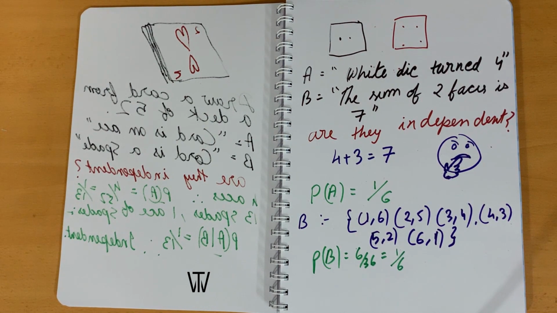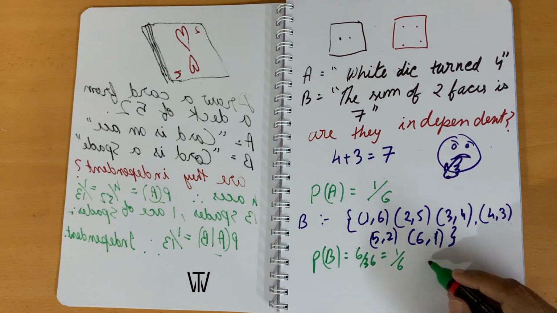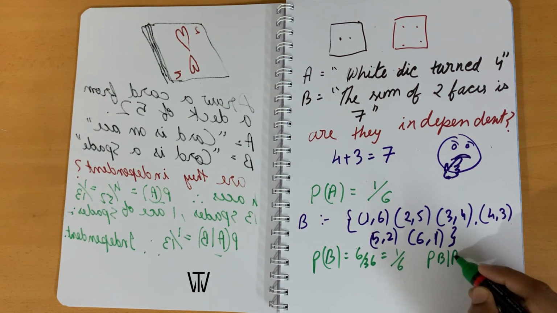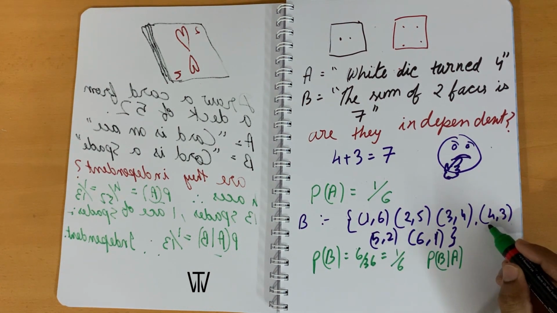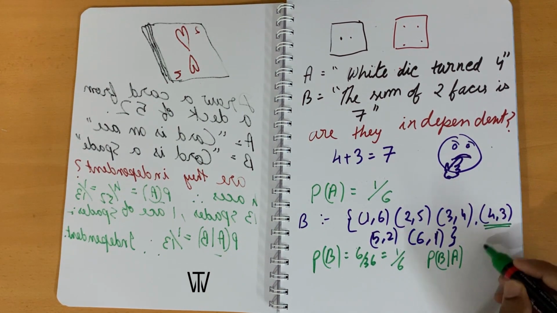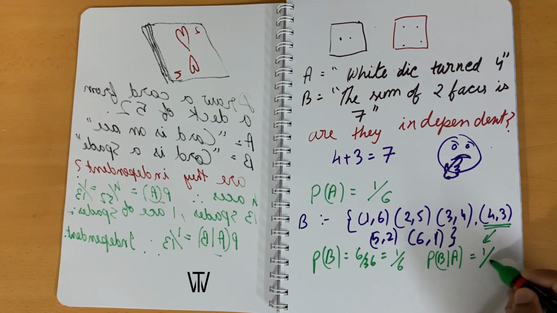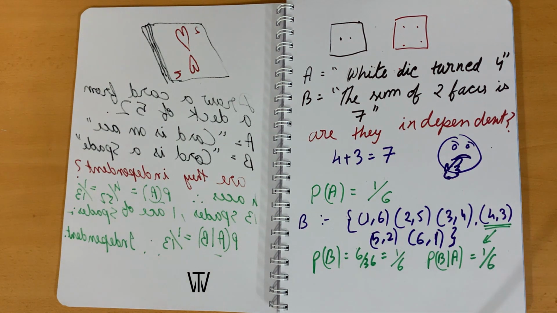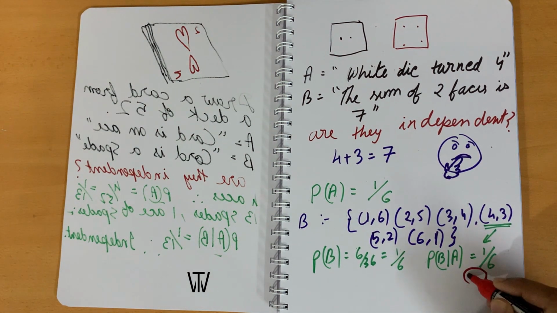What is P of B given A? We can see there is only one case where the white die turns a 4 and the sum equals 7. So P of B given A equals 1 by 6. That equals P of B. So these events are also statistically independent.